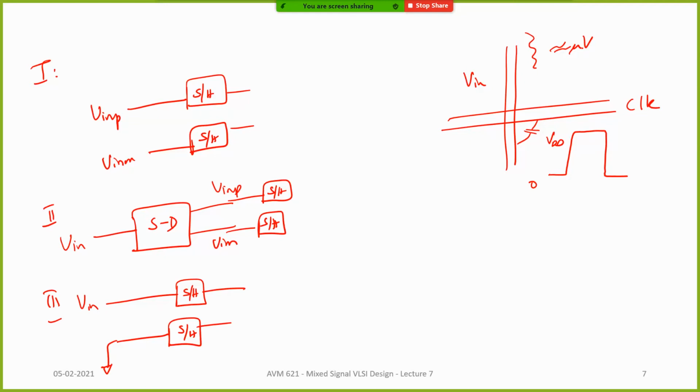So which is where if you have a differential line instead, and both are symmetrically encountering the so-called aggressor, the clock is basically an aggressor. Now what happens is it becomes a common mode noise, and when you use fully differential systems, all these common mode disturbances will get taken care of.